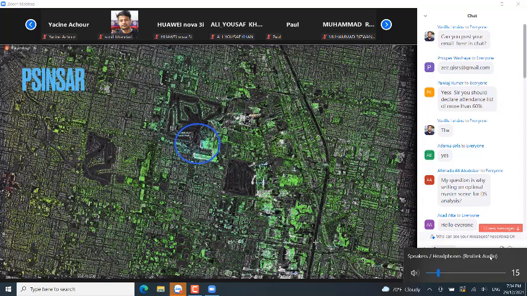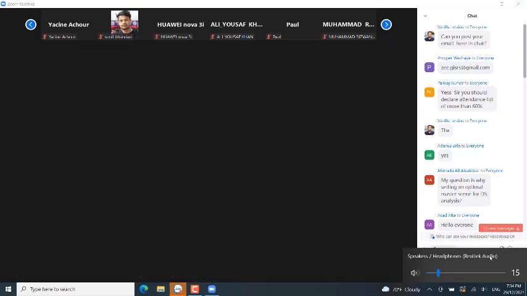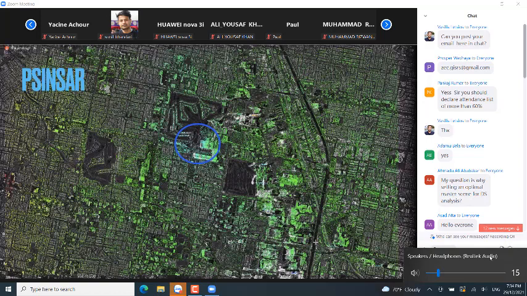So we see some deformation around the Las Vegas Convention Center. If you remember, I used the Las Vegas Convention Center before as example, showing you the thermal motion of the Las Vegas Convention Center. They're still in there.